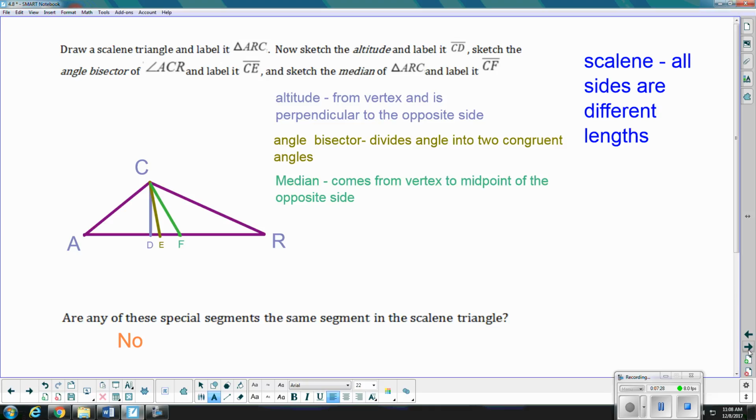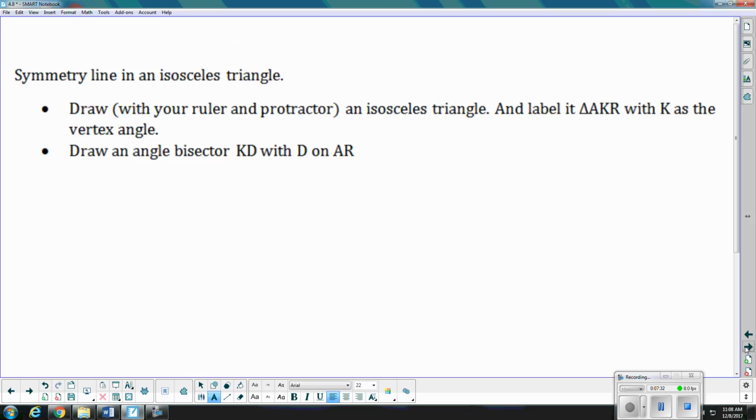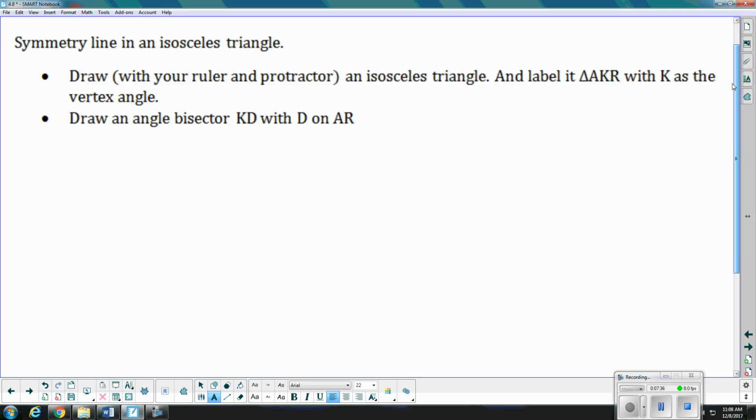Now we're going to explore these same special segments, but we're going to look at isosceles triangles. So with your ruler and protractor, I want you to draw an isosceles triangle and label it AKR, where K is the vertex angle.